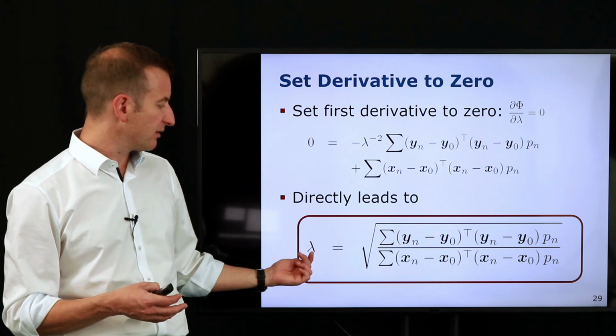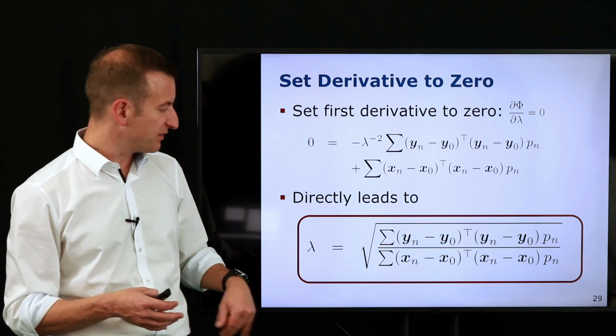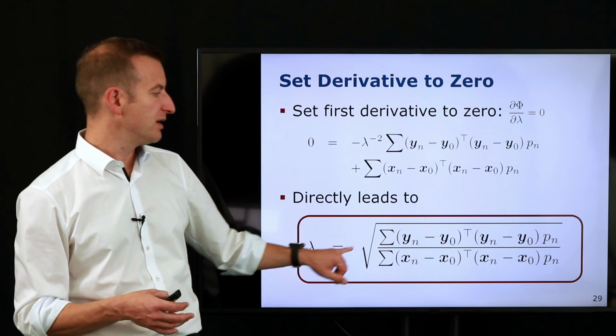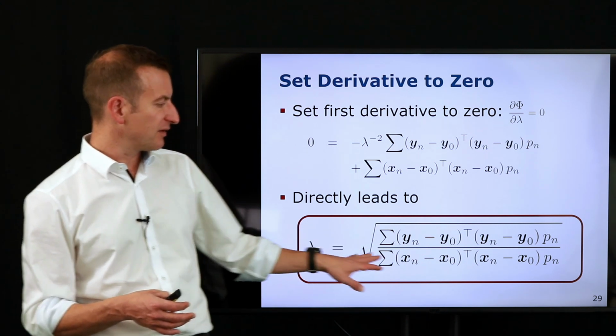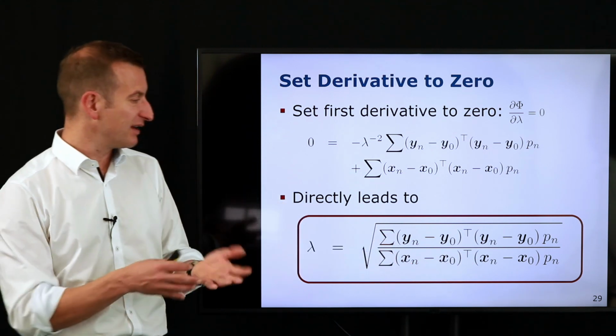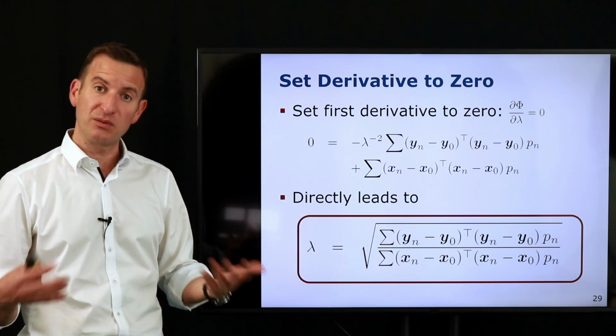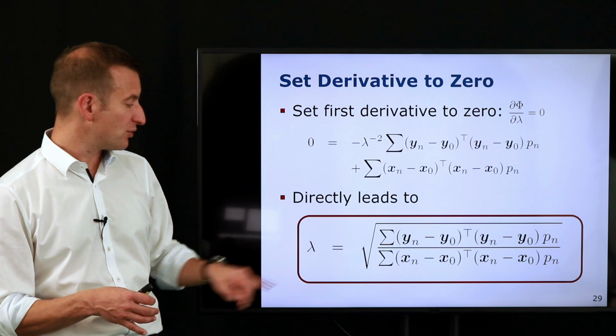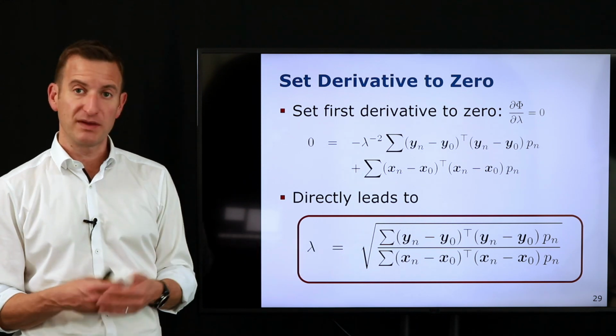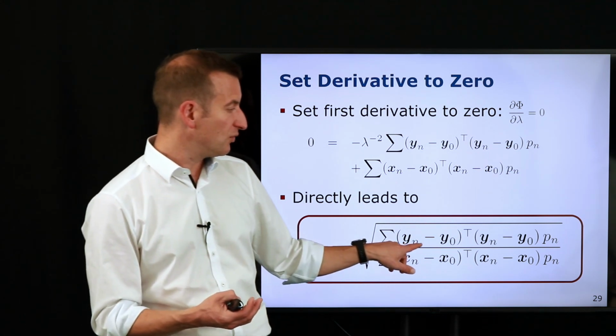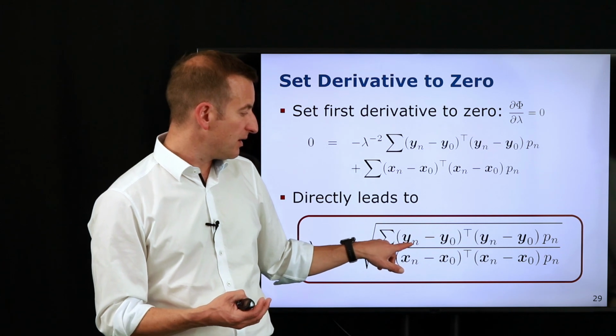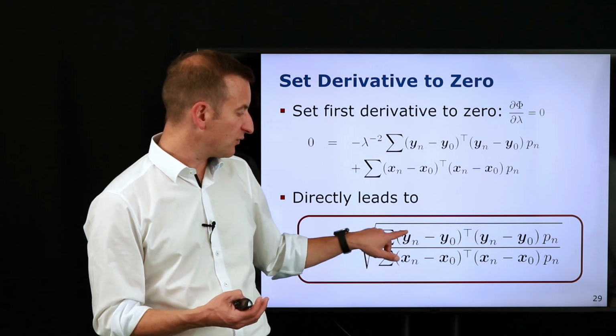And again, as long as we are considering only positive scale parameters, this is a unique solution, as long as the points have some spread. If all points lie exactly in the same position, then of course we cannot compute the scale parameter. But otherwise this is our solution. The only thing we need to know are the point sets xn and yn, my input point sets.